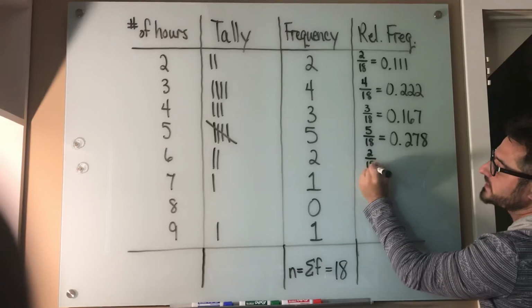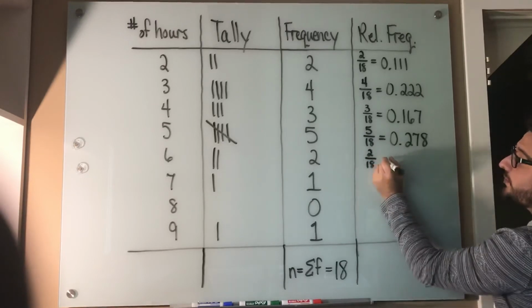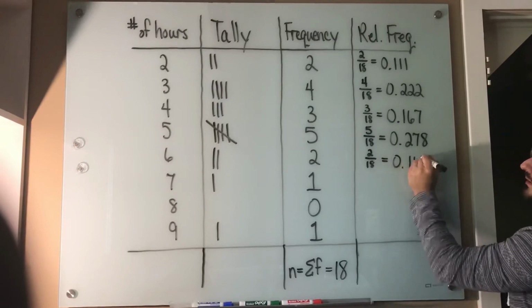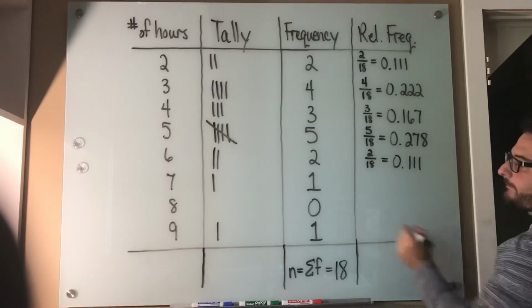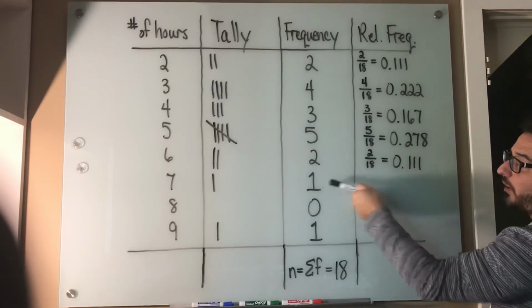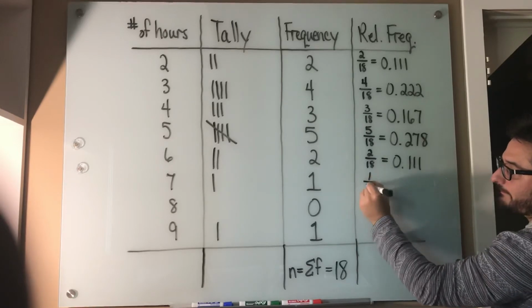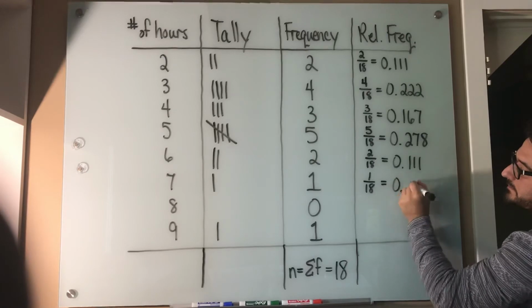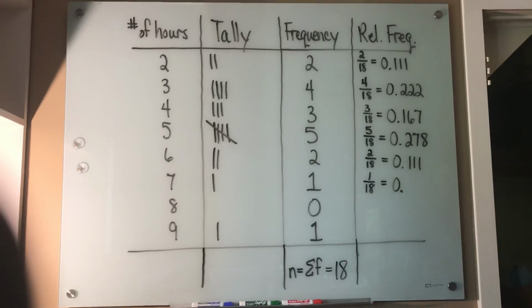The next frequency is 2. So 2 out of 18 is, like before, 0.111. 1 out of 18. Now, this would give us 0.055555.